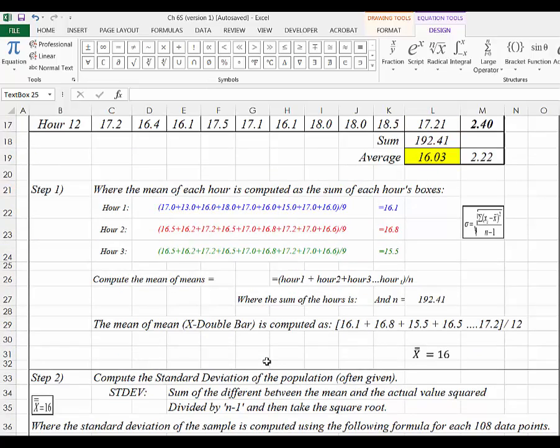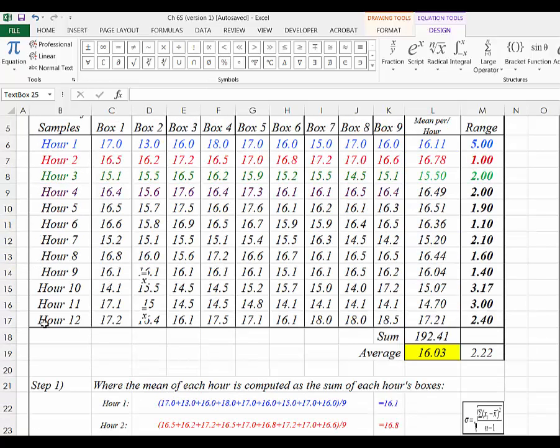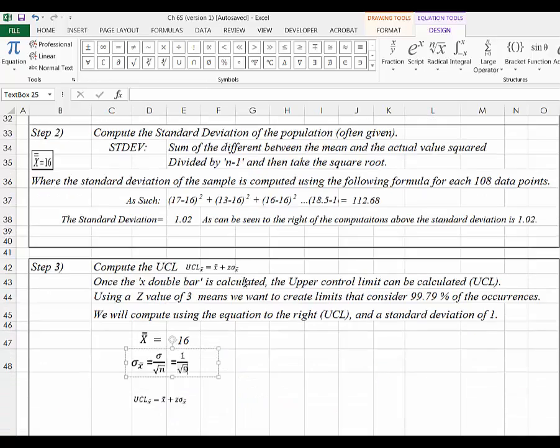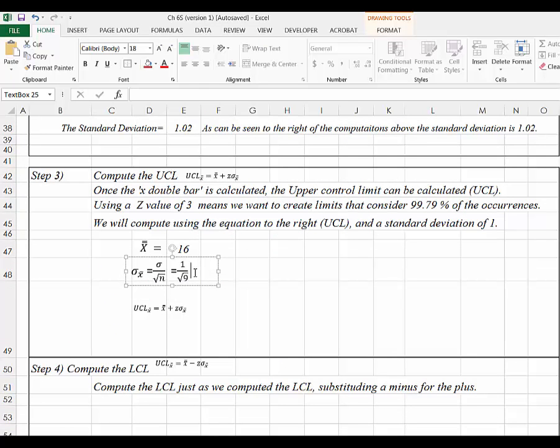Now if you remember, we had 12 different samples, but the sample size, which is the number of boxes, in this case is 9. So we've got 1 over the square root of 9, which should indeed equal a third. So we're going to put 0.33, and that is the number that we're going to put in this space here, the standard deviation of x bar.